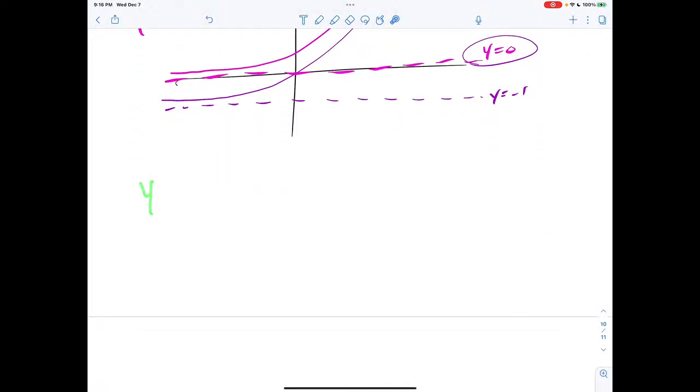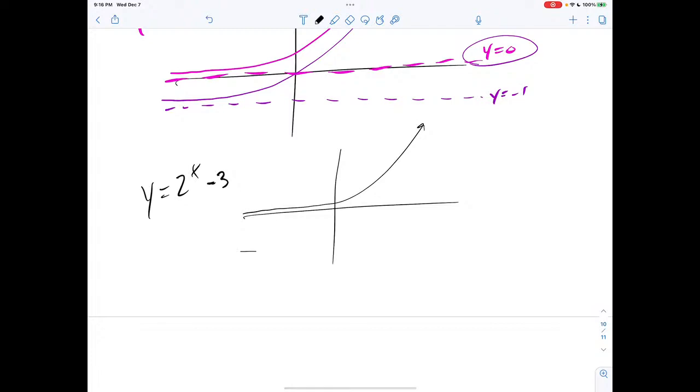For that one there, it was y equals 2 to the x minus 3. Your original horizontal asymptote was on the x-axis. Now it's all the way down here at y equals minus 3, versus the one here, which is y equals 0.